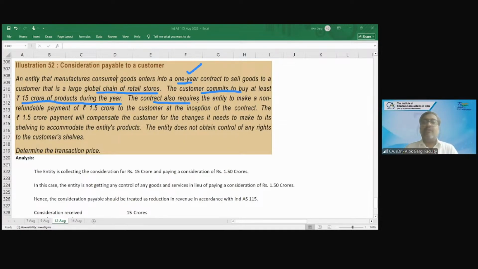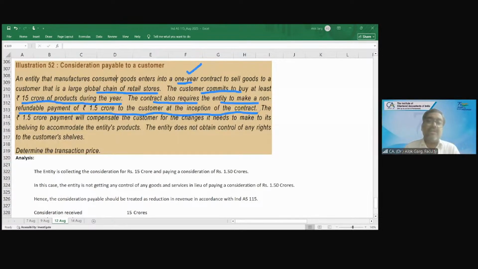The contract also requires the entity to make a non-refundable payment of rupees 1.5 crore to the customer at the inception of the contract. So what is the sales value of this entity? 15 crore.